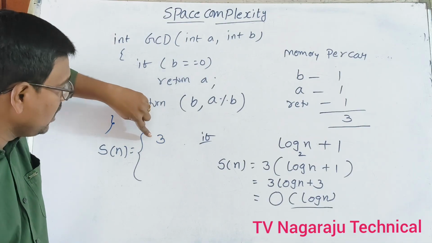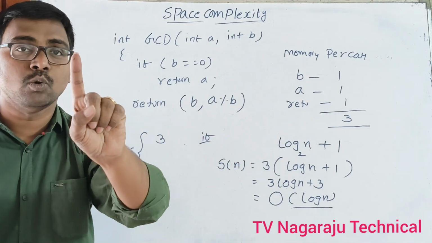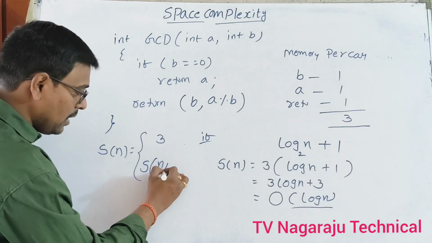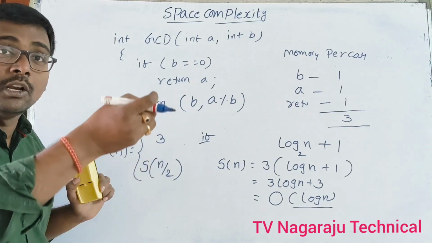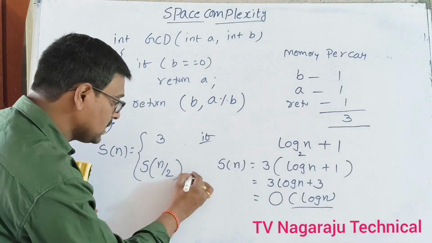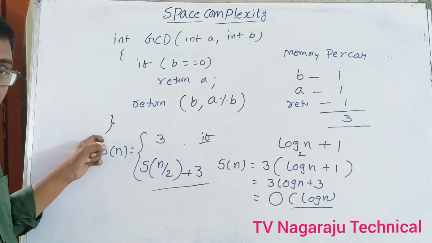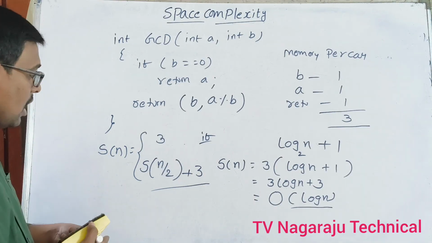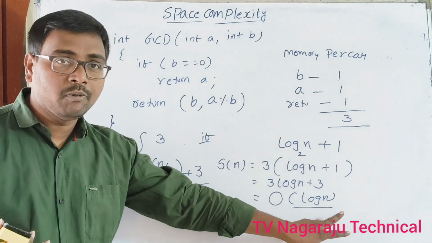So only 3 units are required per recursive call. Otherwise, S of n by 2 plus 3. Why? Each time it reduces to half, plus for each recursive call we need 3. This is the space complexity recurrence relation. If we solve this equation, finally we get big O of log n.